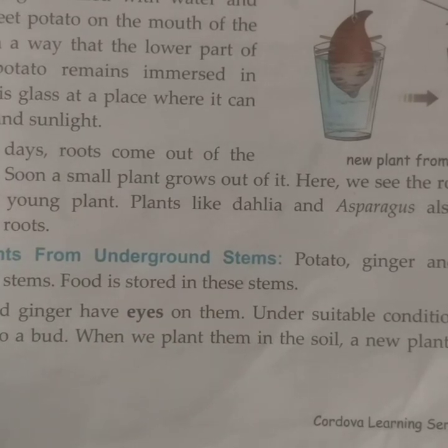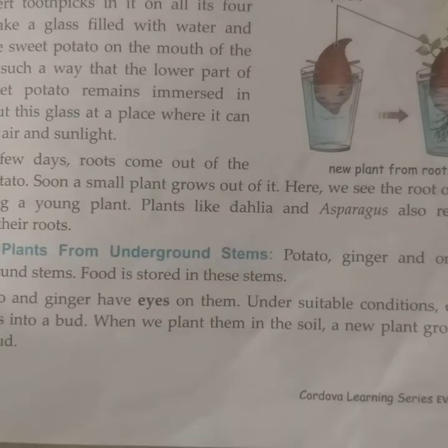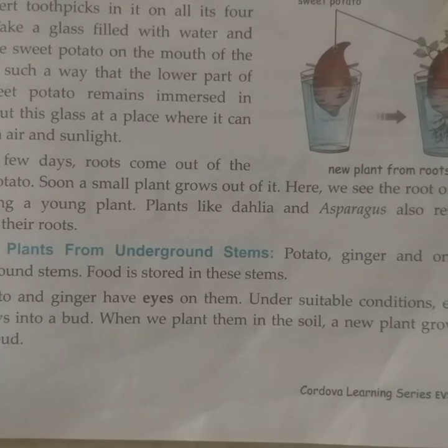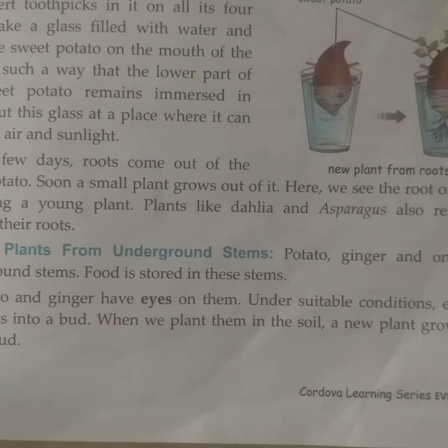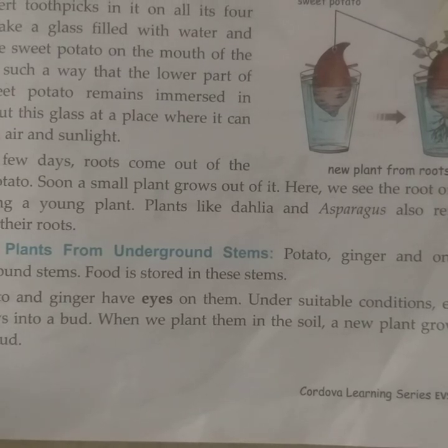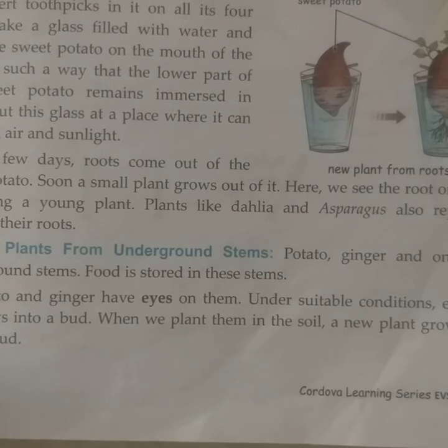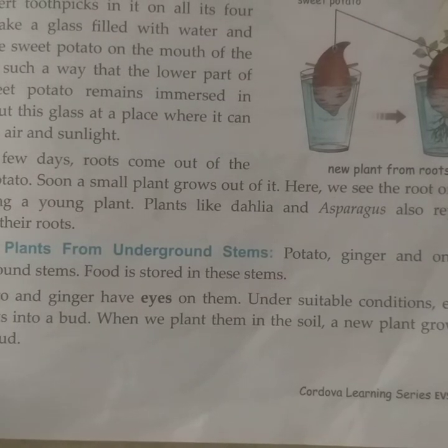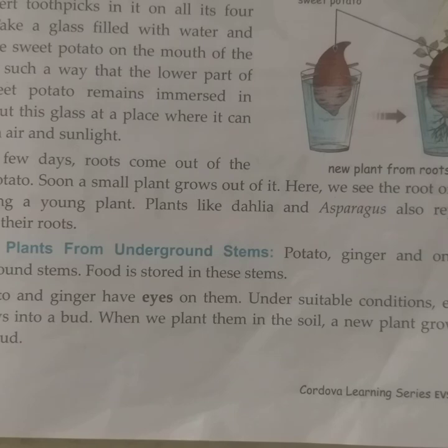What are the examples of underground stem? Underground stem is the potato. Underground stem is the ginger. Have you ever observed, if we buy potatoes from the market and keep them as they are for many days, white colored nodes occur on the potato?